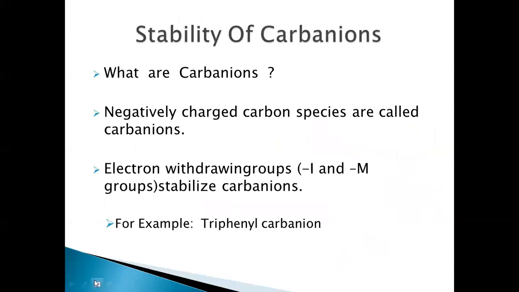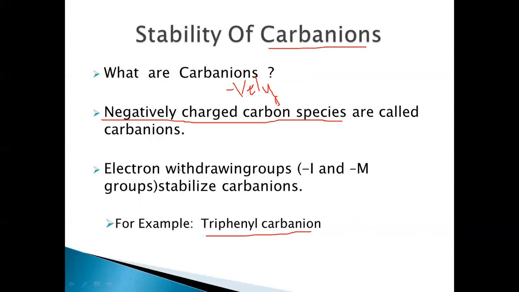Now let's look at the stability of the carbanions based on the mesomeric effect. Carbanions are negatively charged carbon species, while carbocations are positively charged. For example, triphenyl carbanion.